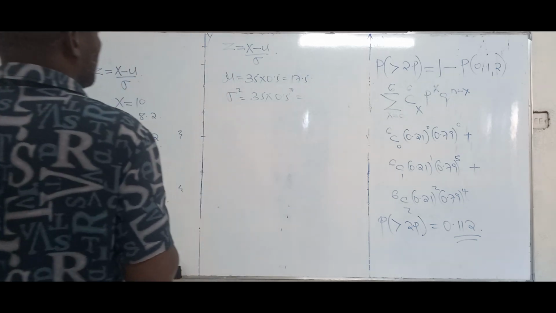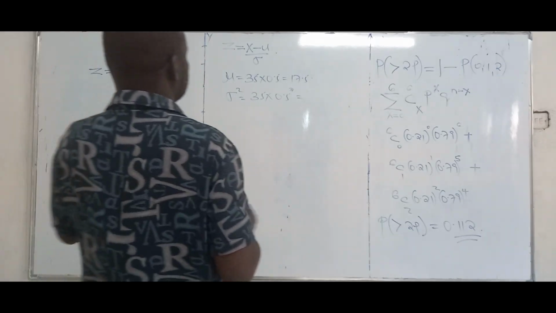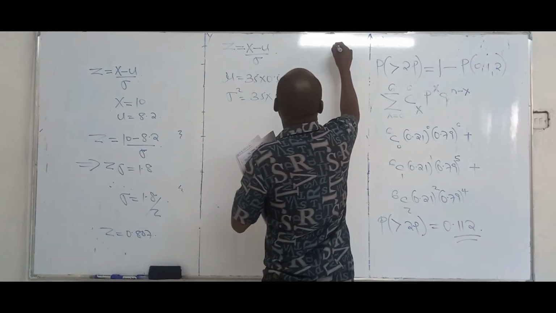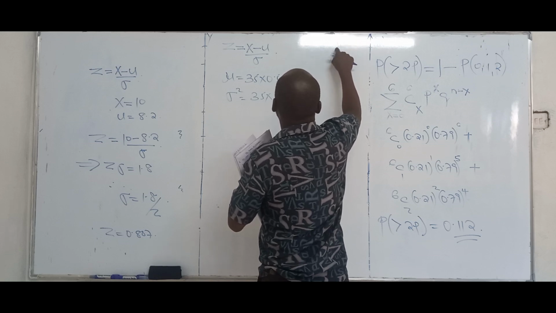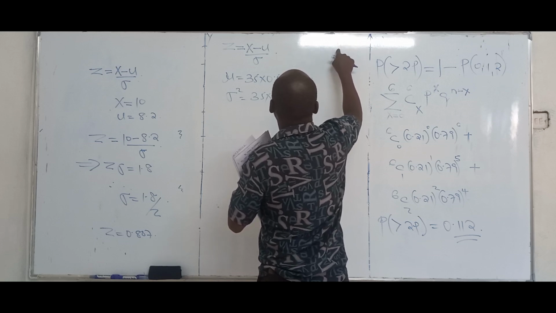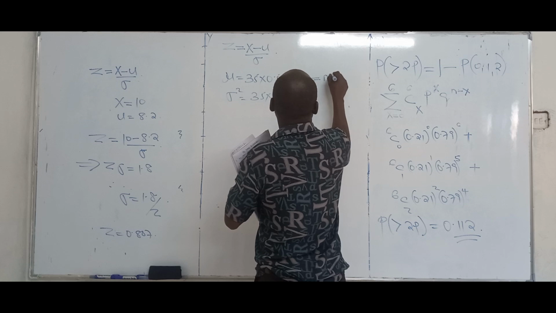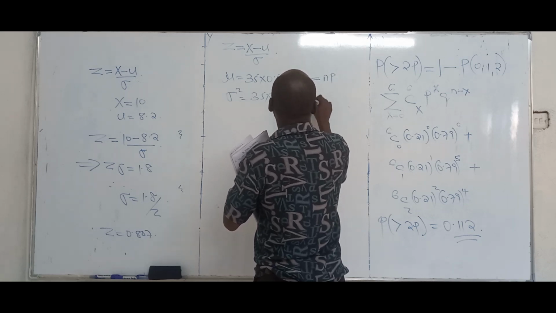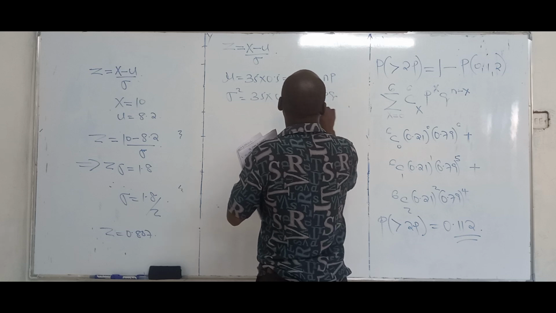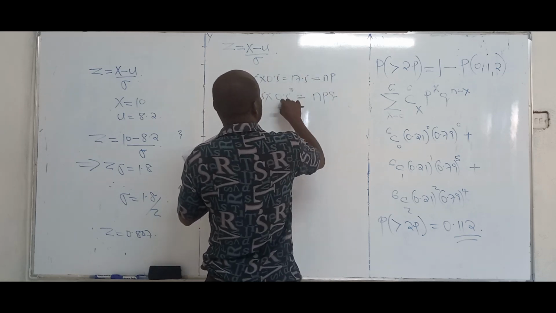Because for the mean we are using np, n times the probability of success, but the variance will be npq. So our p is 0.5, our q is still 0.5.